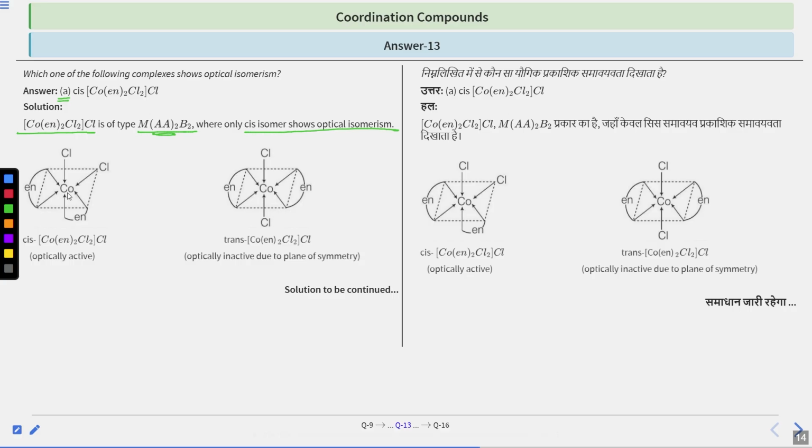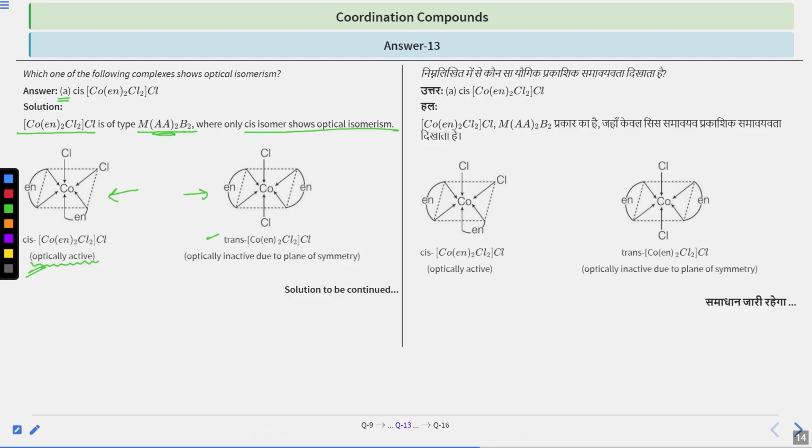So we just draw the structure for this cis [Co(en)2Cl2]Cl. It will be Co, Cl2 and en2. You can see, right? It is also Co, Cl2, en2. The only difference between these two is that this is the cis form. The first one is the cis form, which is optically active.